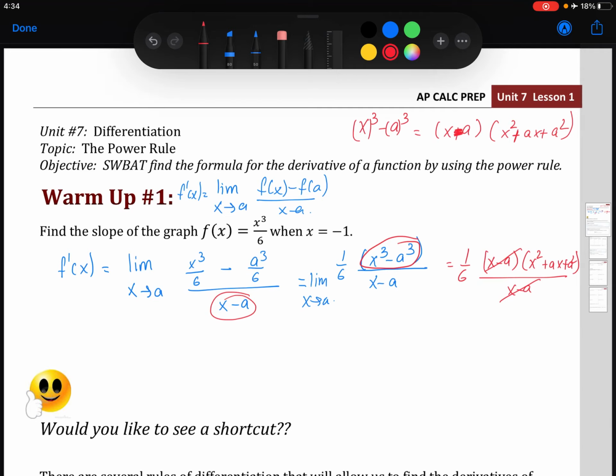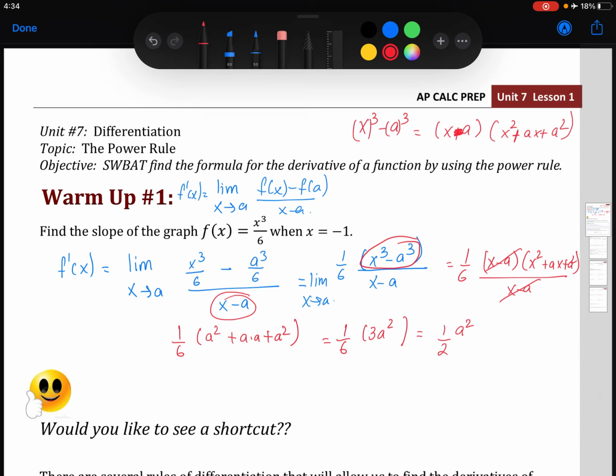So now what am I left with? I'm going to apply the limit. 1 over 6. Wherever you see x, I'm going to substitute with a: a squared plus a times a plus a squared, which would be what? 1 over 6 times 3a squared, which is same thing as a squared over 2, or 1/2 a squared.